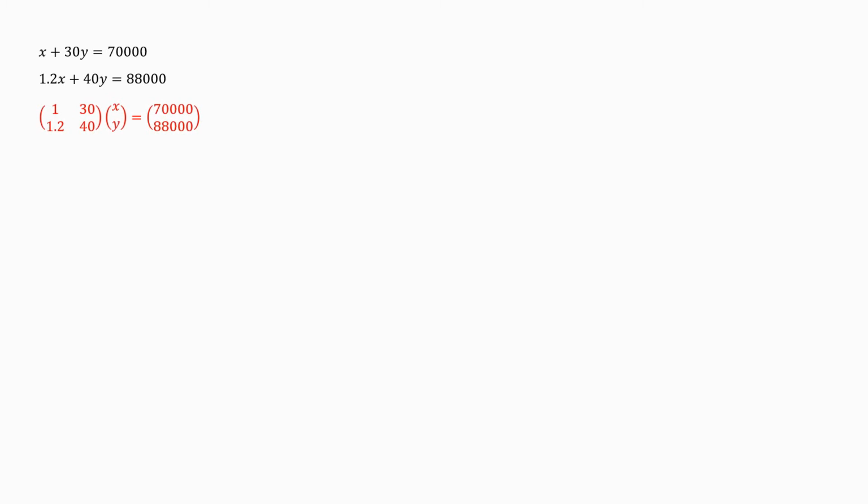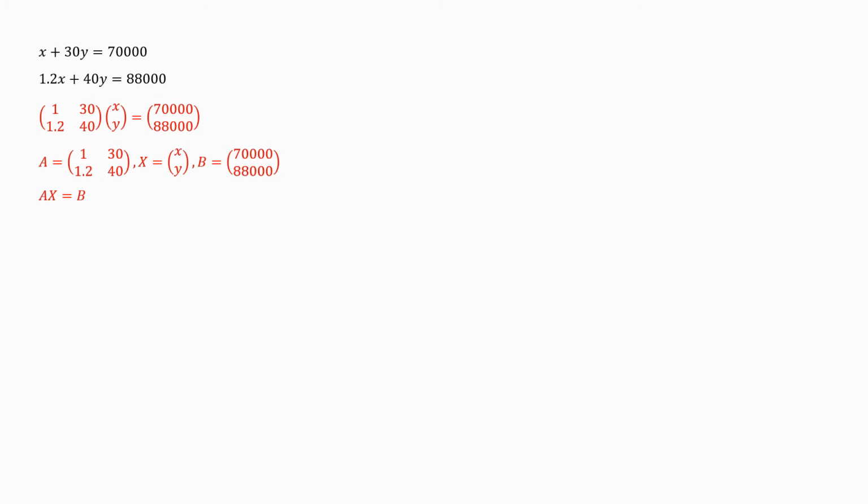So we have [1, 30; 1.2, 40] times [X; Y] is equals to [70,000; 88,000]. So the coefficient matrix, we can label it as A, the variable matrix as X, and the resultant matrix as B. We know that A times X is equals to B.